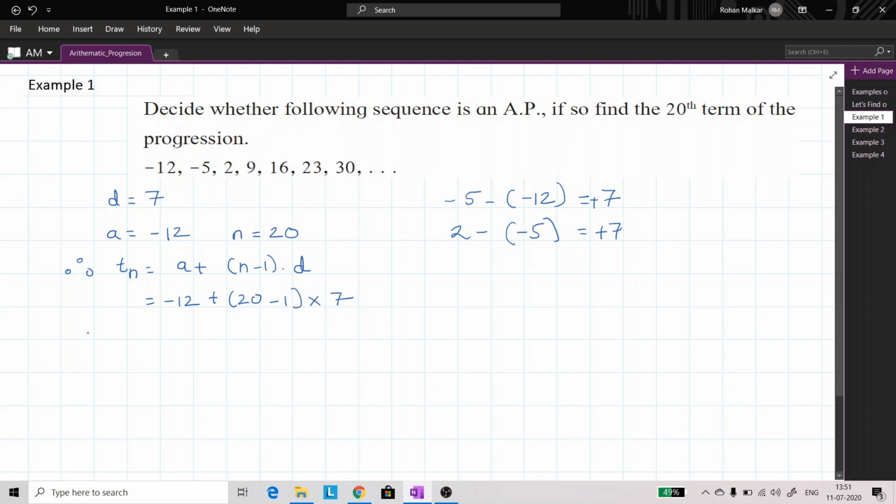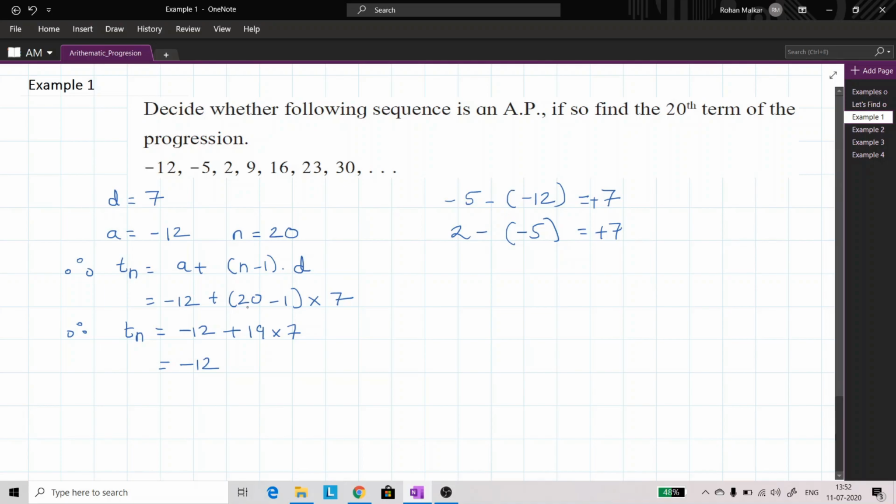If I find the value of Tn from here, it turns out to be minus 12 plus 19 into 7. Let's see what this value comes out to be. We know 19 into 7 is 133.